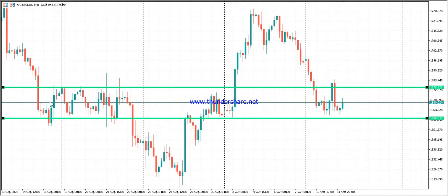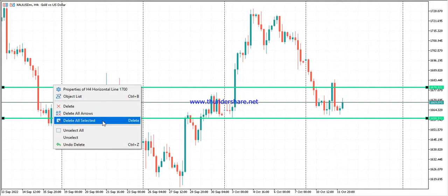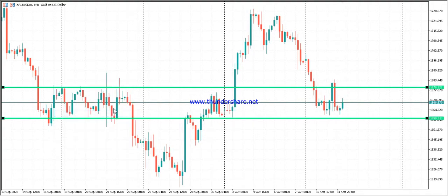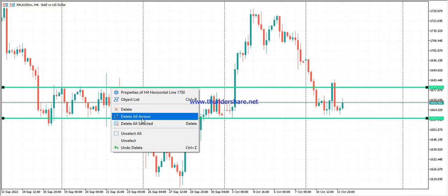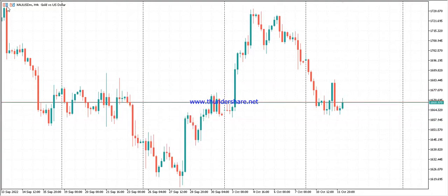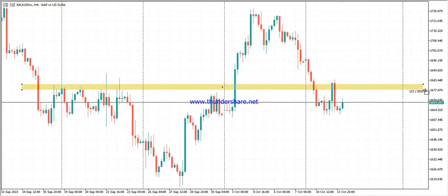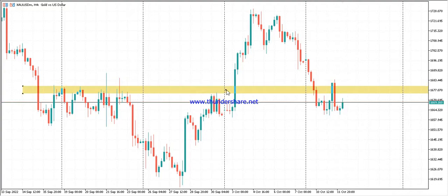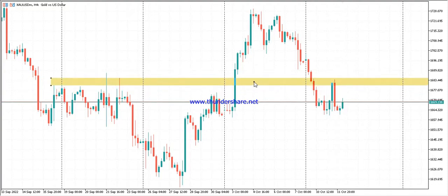And like we said, rather than using direct horizontal lines, use zones, because unlike horizontal lines, zones can account for a bit more leg room if price doesn't necessarily go straight in your direction.